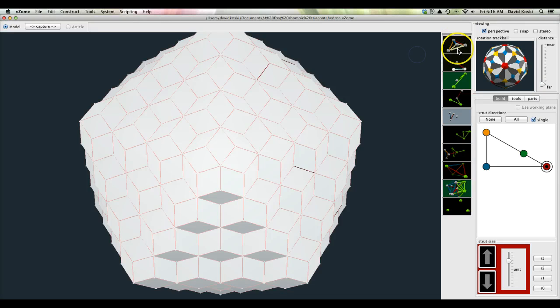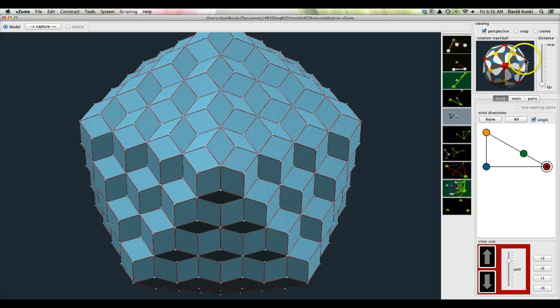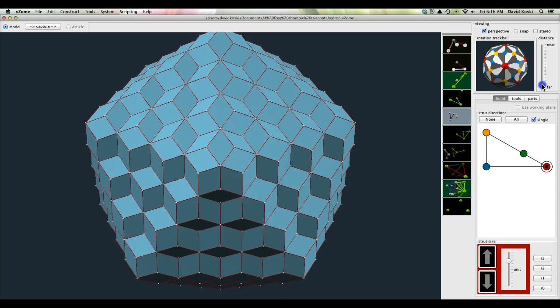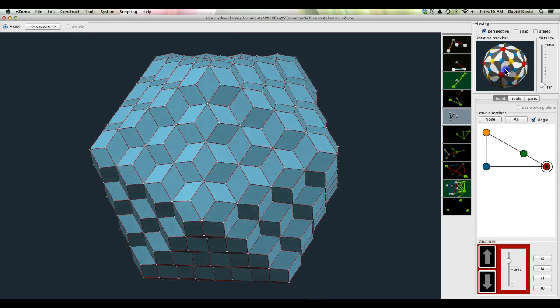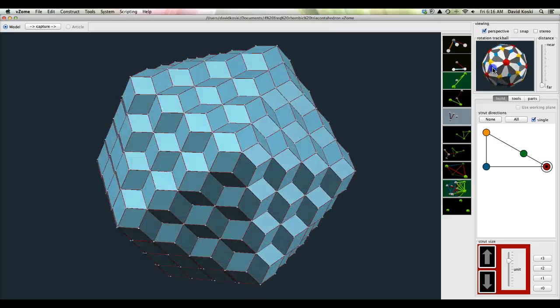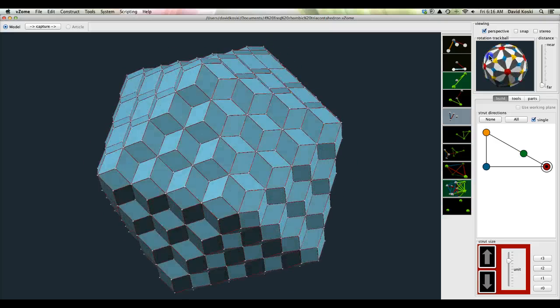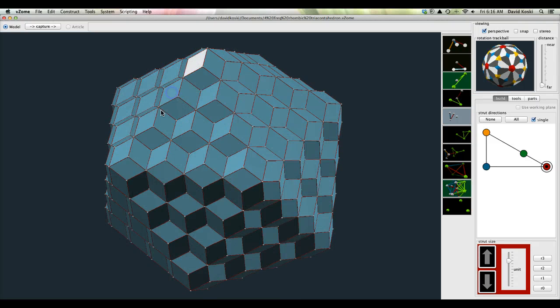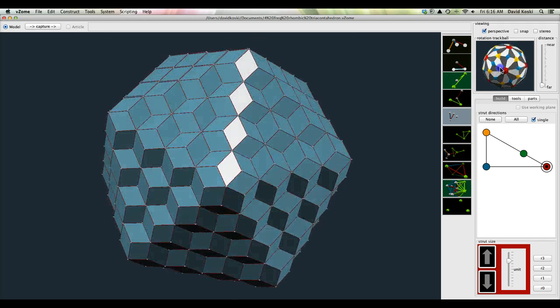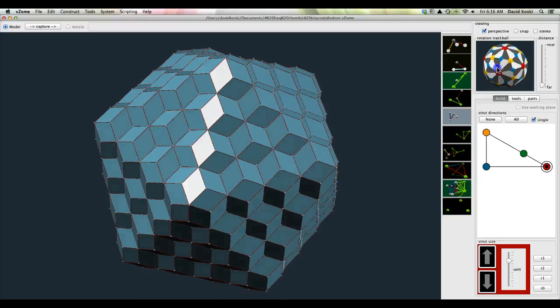So all I've removed so far is 160 rhombic hexahedra, and it's kind of an interesting form because it's very uniform in its surface characteristics. You can see the 1, 2, 3, 4 right there. It's actually kind of pretty in that regard.